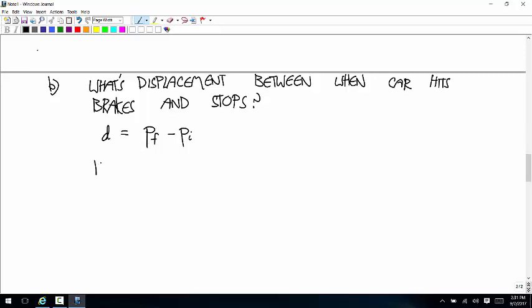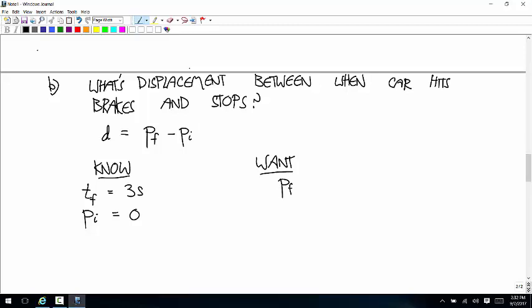So let's list out what we know and what we want. Do we know time final? Yep. Always knew that. Great start. Do we know initial position? Yep. That's 0. P final is what we're looking for.